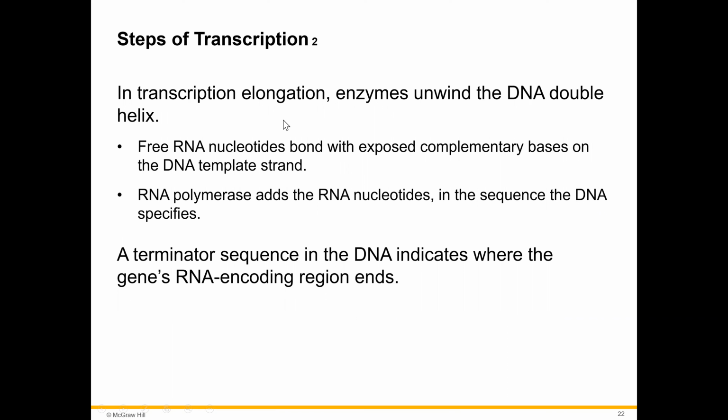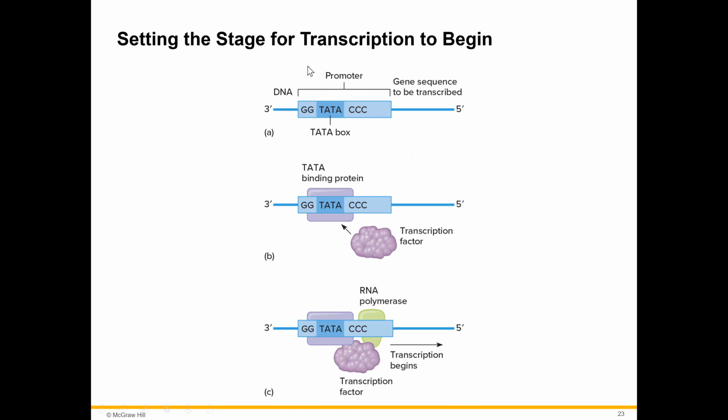Free RNA nucleotides bond with exposed complementary bases on the DNA template strand. RNA polymerase adds the RNA nucleotides in the sequence the DNA specifies, and a terminator sequence in the DNA indicates where the gene's RNA encoding region ends. Right, so we look at the picture and everything will make sense.